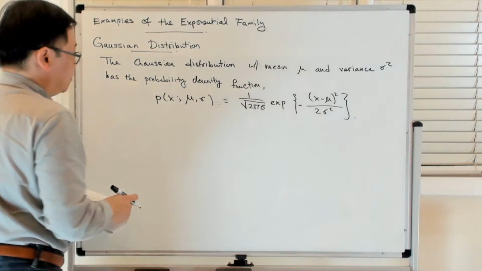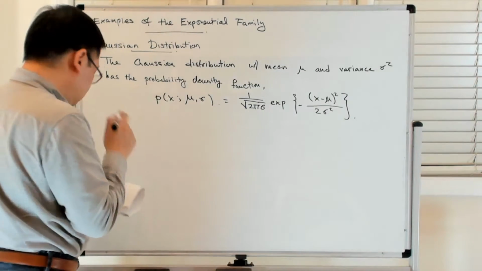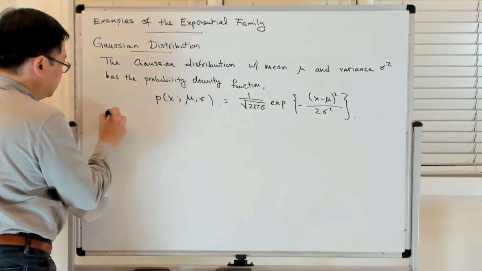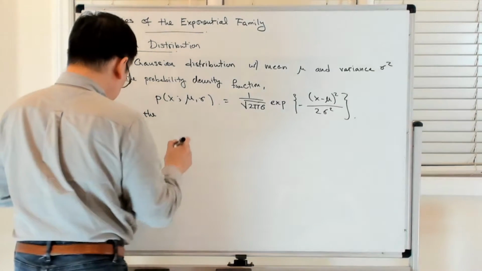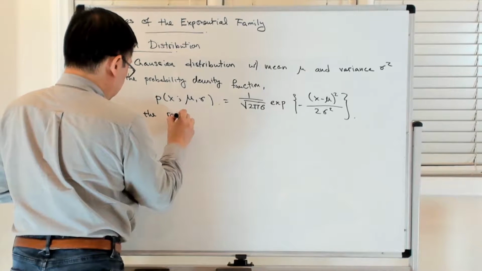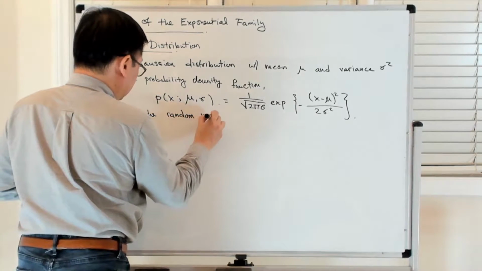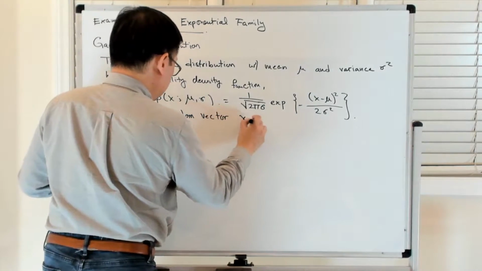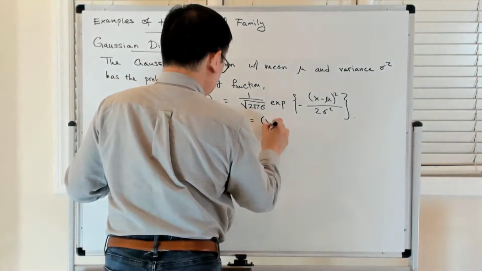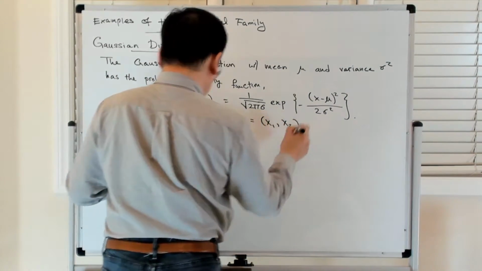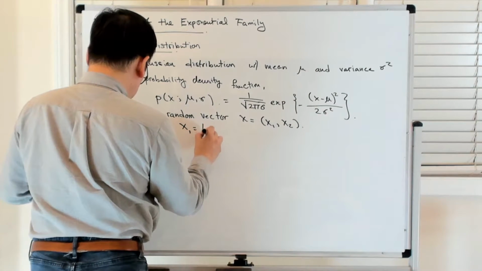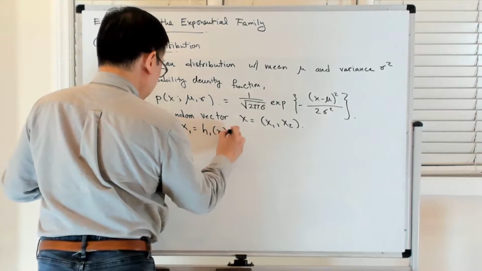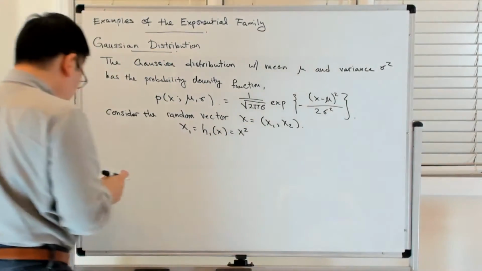Okay, so let's consider what the random variables are. Let's have a random vector x, which is x1 and x2. And x1 is some function h1 of x, which is x.